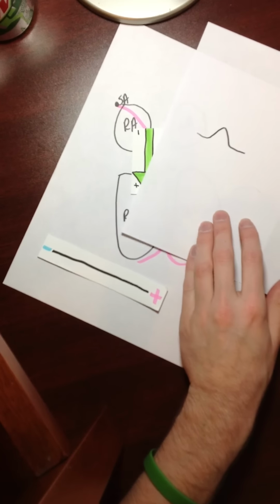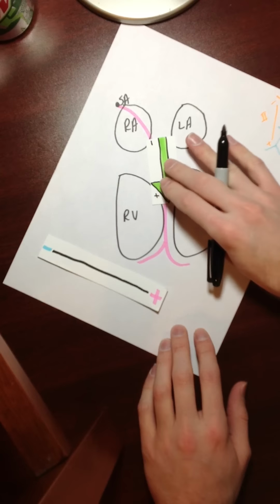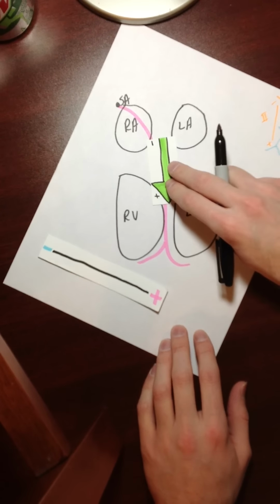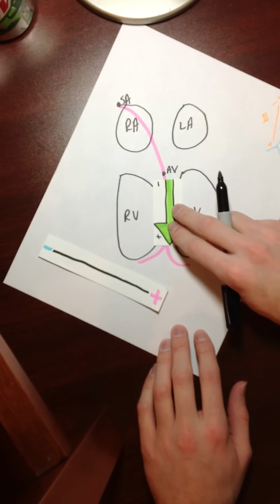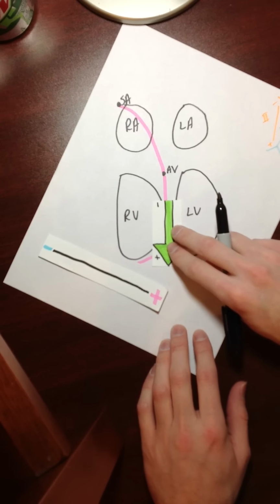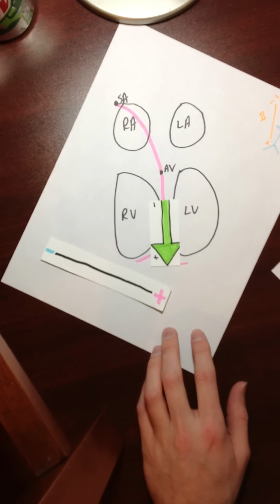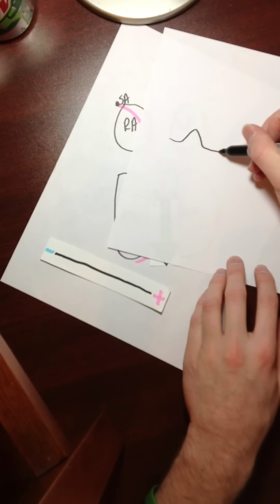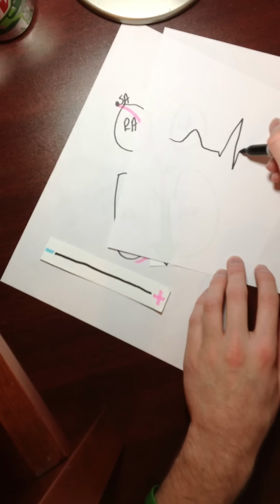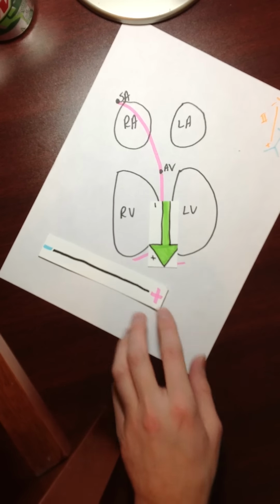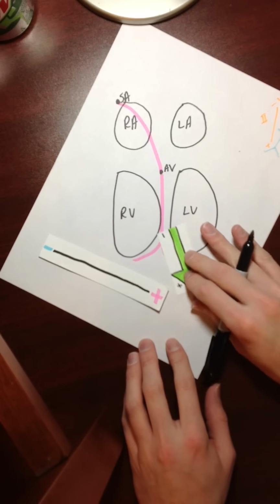Now, after a pause through the AV node, it's still positive because it's pointing towards the positive direction. That's where we get this from.